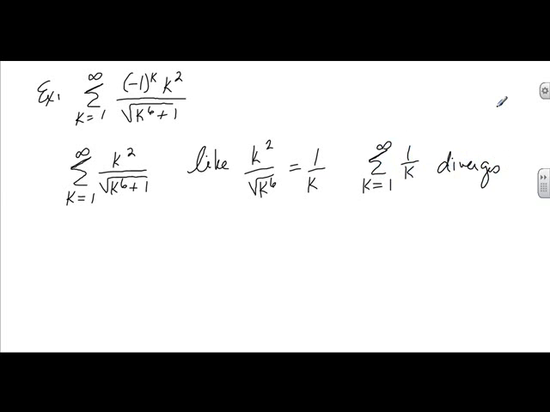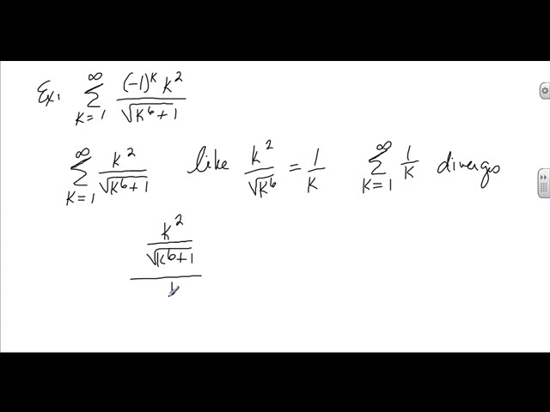So I've got a series that I know diverges. I'm going to try the limit comparison test. And I'm going to take a limit of k squared over square root k to the sixth plus 1 over 1 over k. And we're working the limit as k approaches infinity.